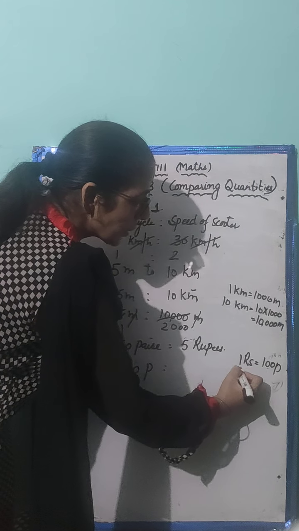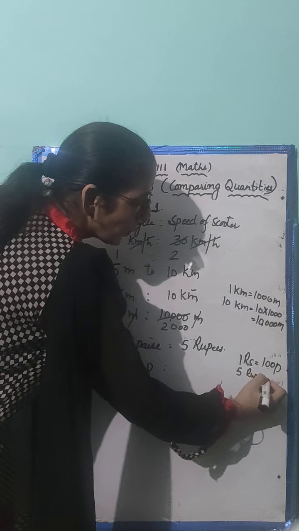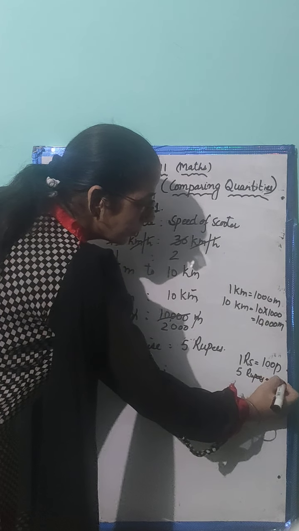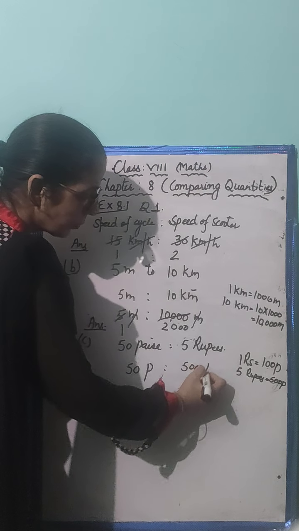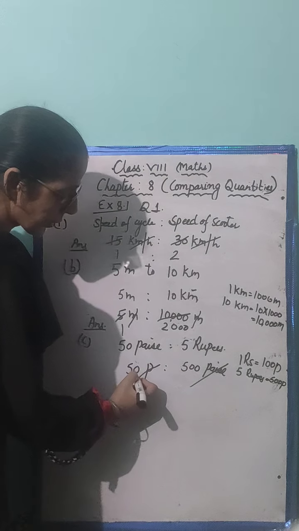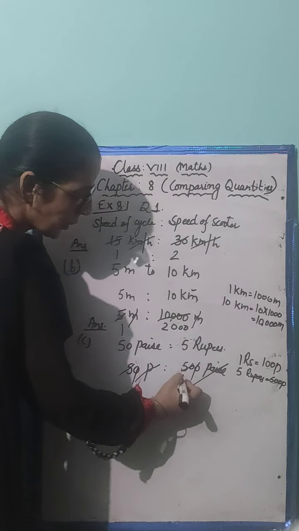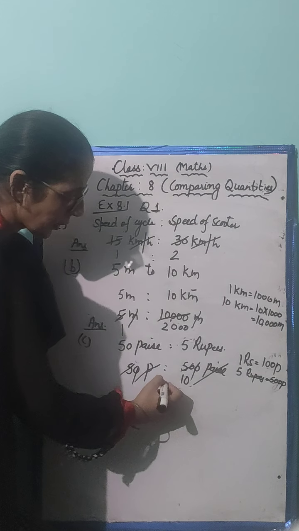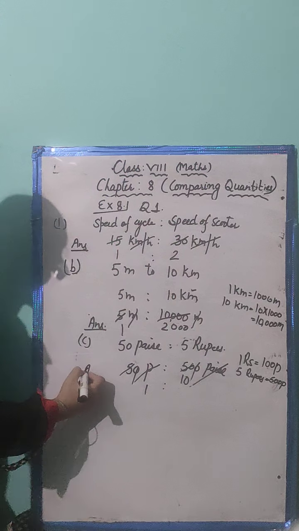So 5 rupees is equal to 500 paisa. 100 into 5 is 500. So on both sides units are cancelled. 0 cancel. 5 10s are 50. So what is the answer here? 1:10. I hope you have understood this thing.